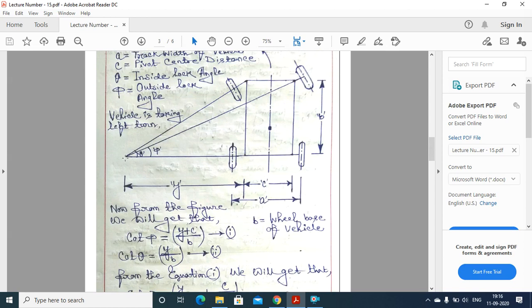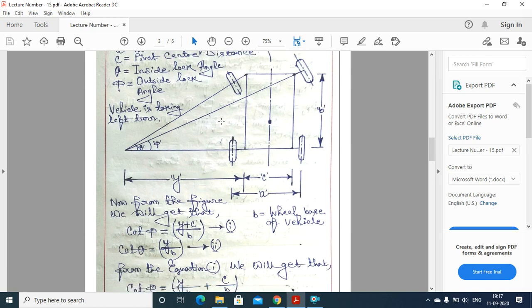Here the distance is from the instantaneous center point to the center of the front outer wheel. So it is the distance between the instantaneous center point and the front outer wheel.